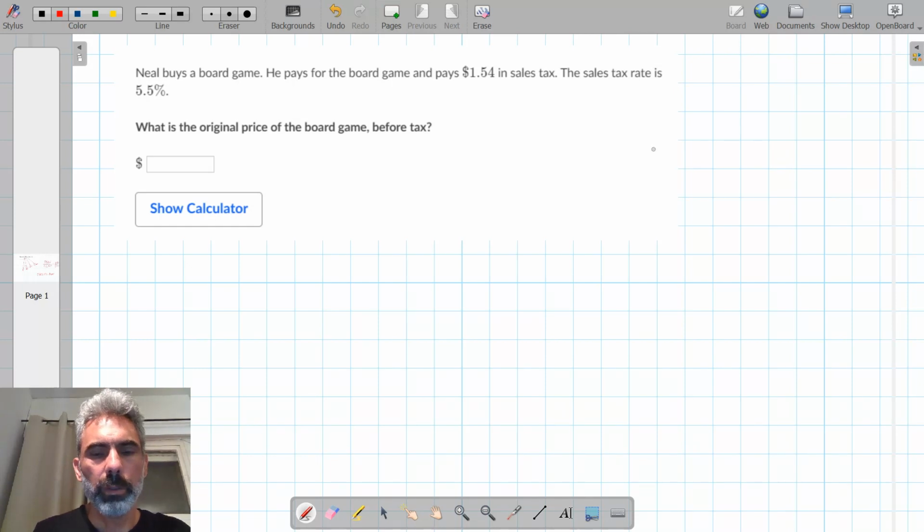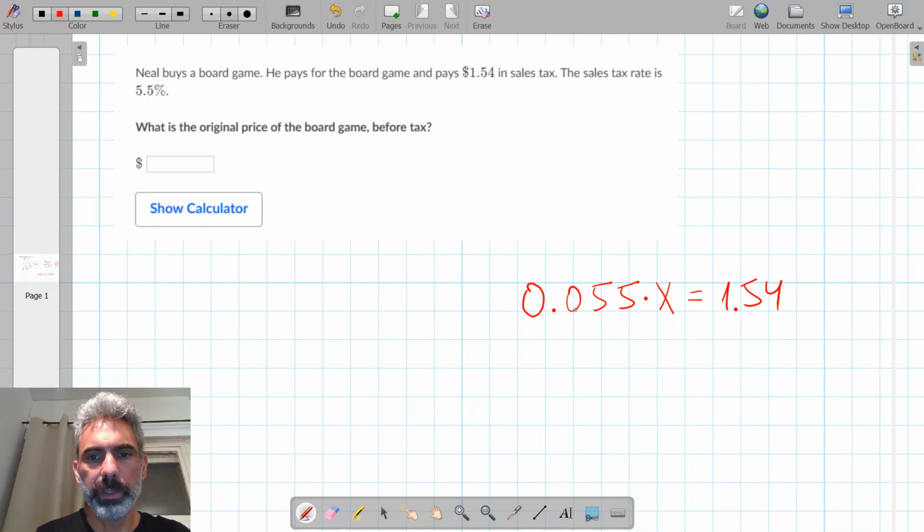Okay, so 0.055 of x, which is the original price, equals $1.54.